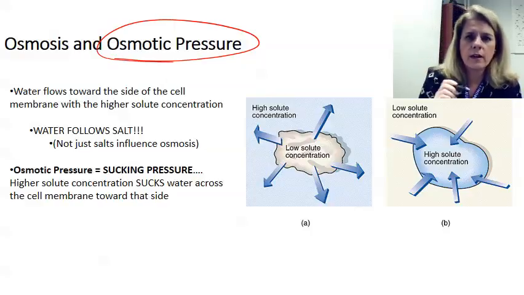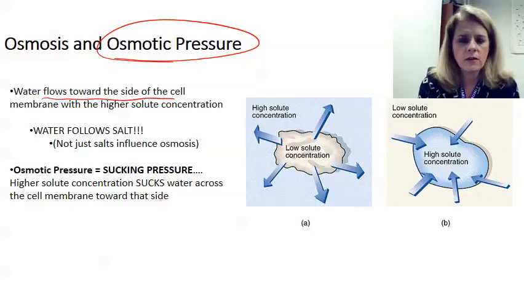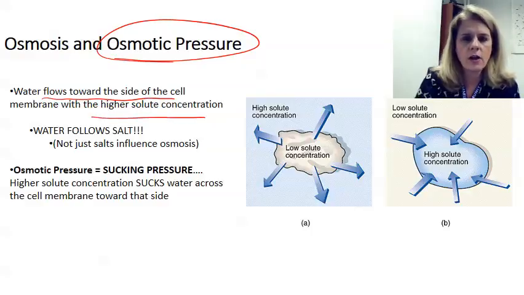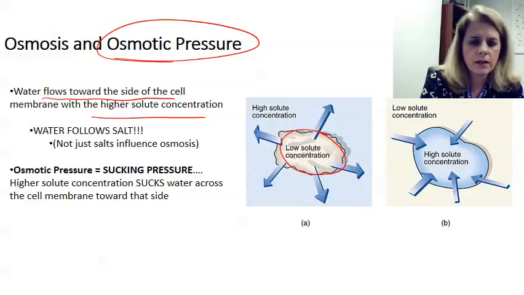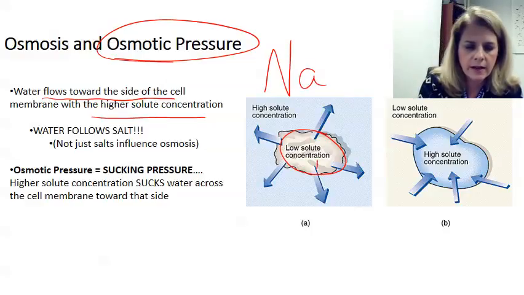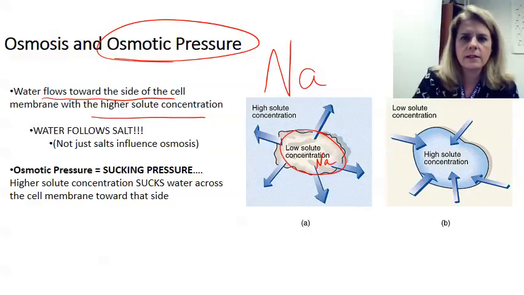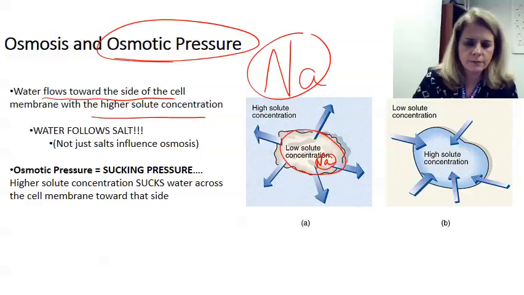So remember, in osmosis, the water flows toward the side of the cell membrane with the higher solute concentration. If this is a cell, and let's just say that we're talking about sodium, there's lots of sodium on the outside and a little bit of sodium on the inside.